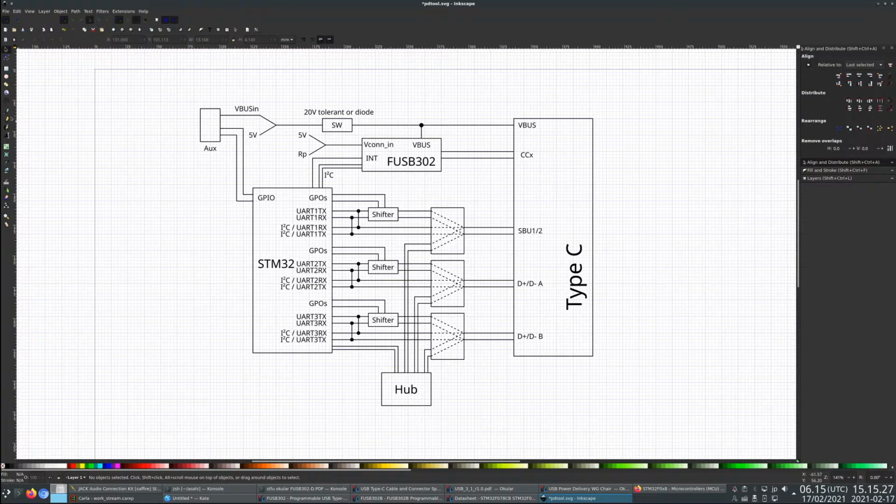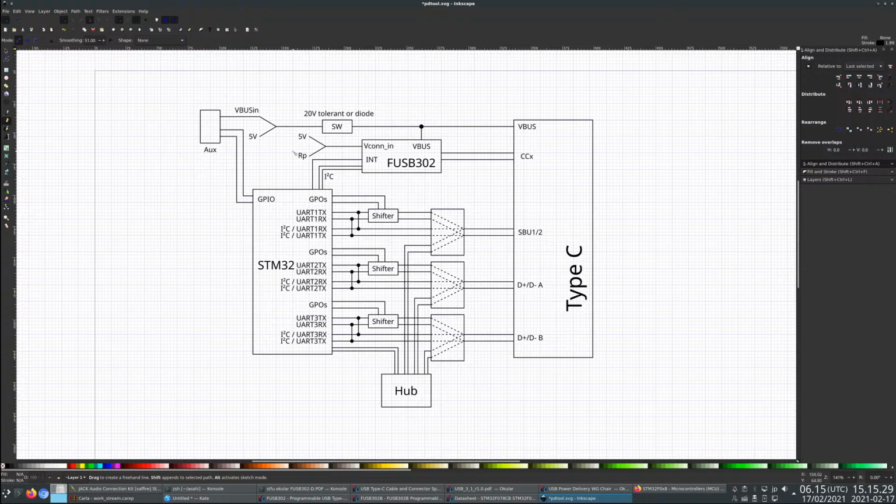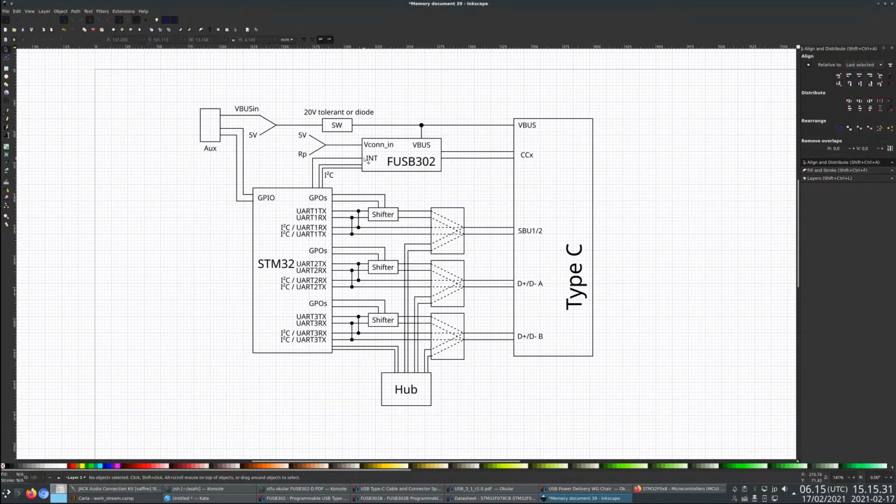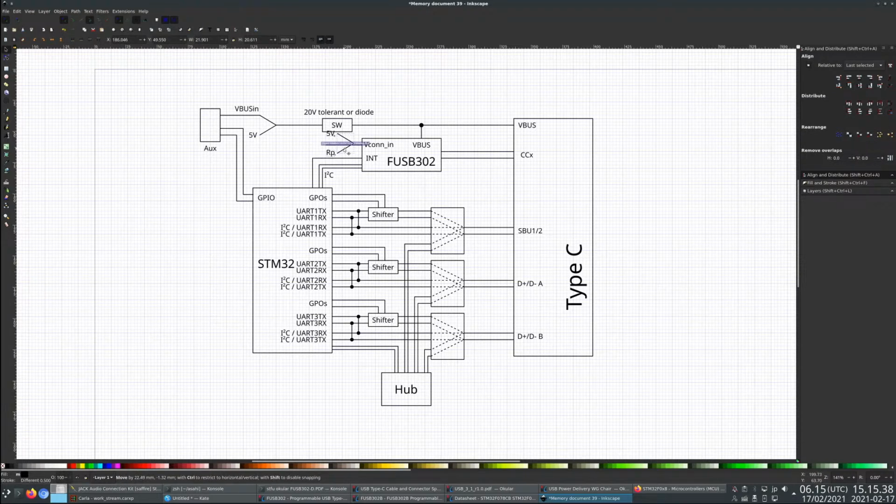Yeah, we need a pin for the switch, of course. Let's see how I'm going to draw this. Move this a bit here.